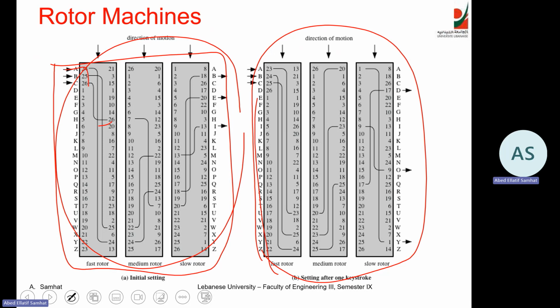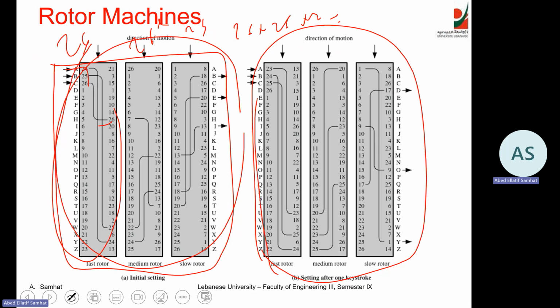We have multiple stages and multiple cylinders, and in each case we have 26 letters, 26 letters, and 26 letters. So we have 26 times 26 times 26, which could be that many different substitutions. And we apply this each time and so on.